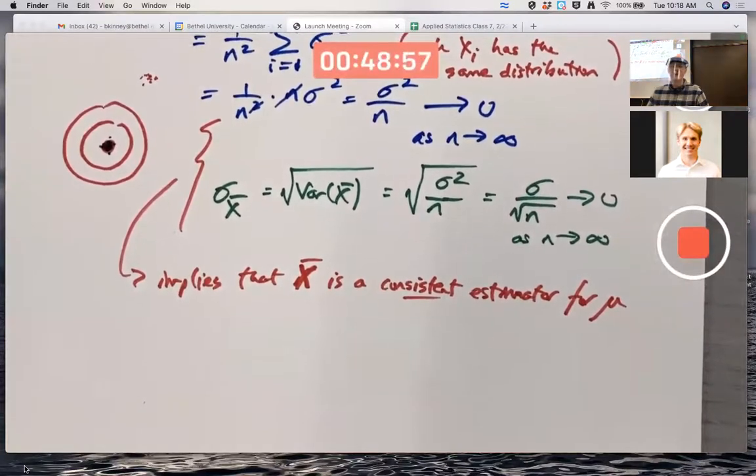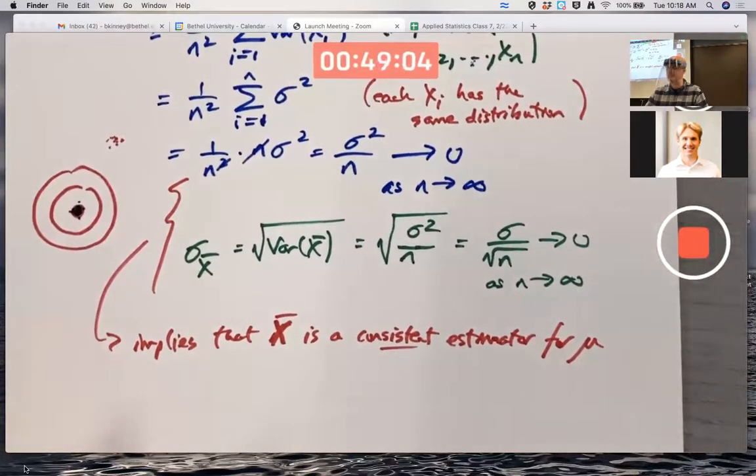That definition you don't find in the book. In fact, this is not really the definition of consistent estimator, but it's related to it. The fact that these things go to 0.